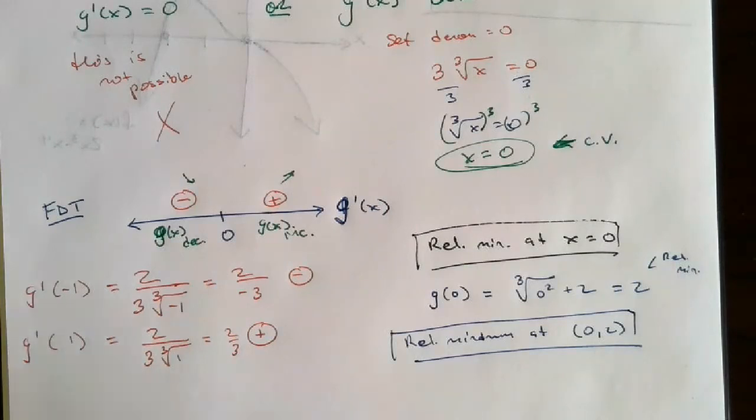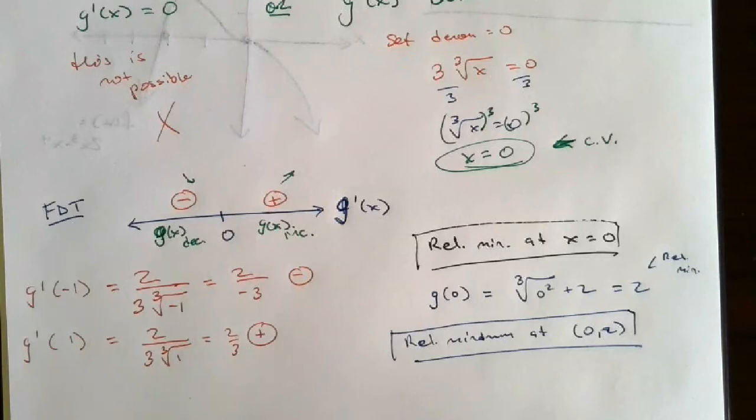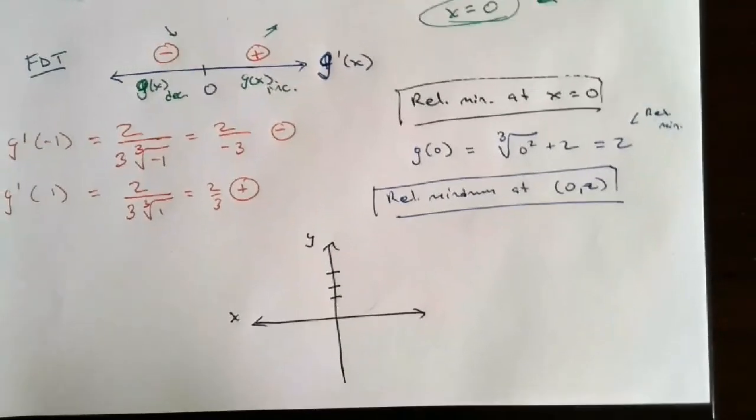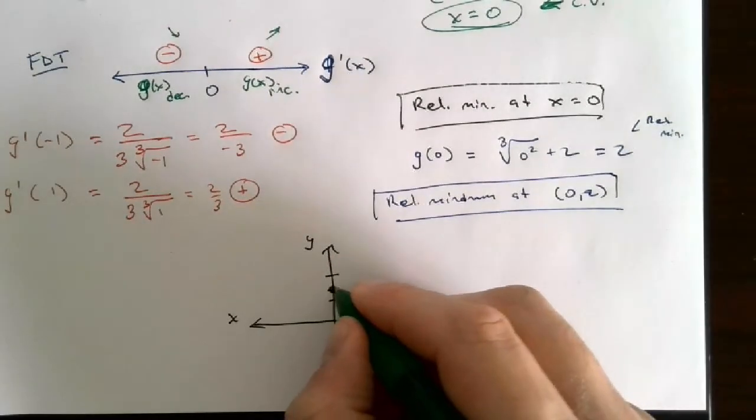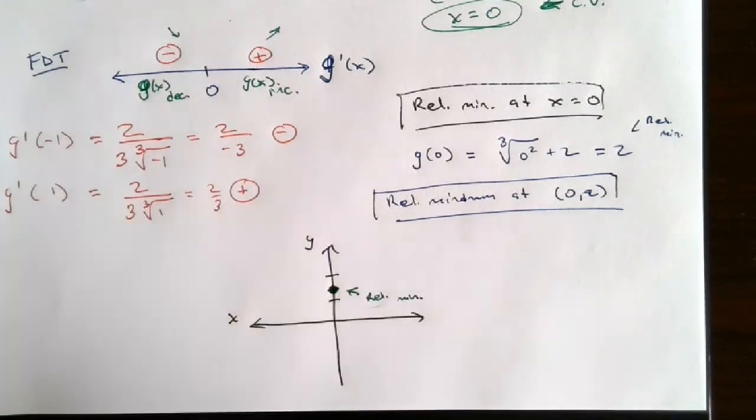So let's talk about what the sketch of this would look like. If I was talking about finding the graph here, here's x, here's y. We know we have a relative minimum at 0, 2. So 0, 2 would be right here. All right, we have a relative min. And the other thing I know about this is the information they gave me about the derivative.